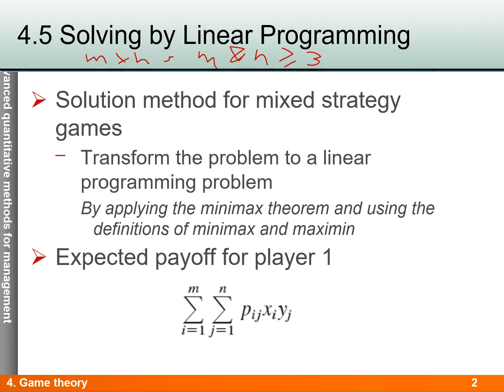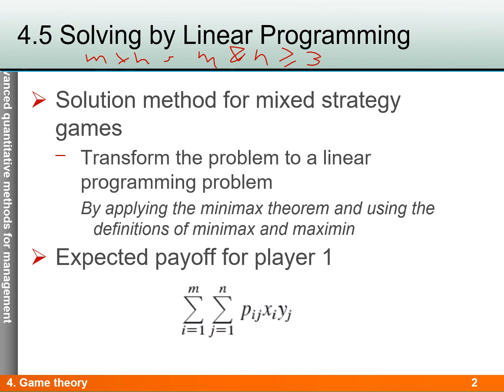As you remember, the nature of these two players is the same. The difference is only in the negative sign that we multiply. In one case we want to maximize, in the other we want to minimize.